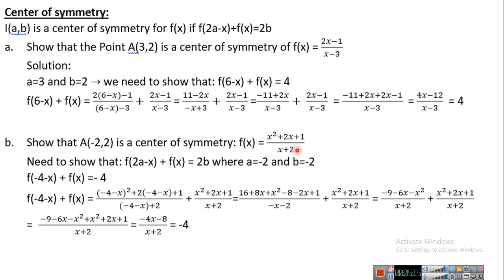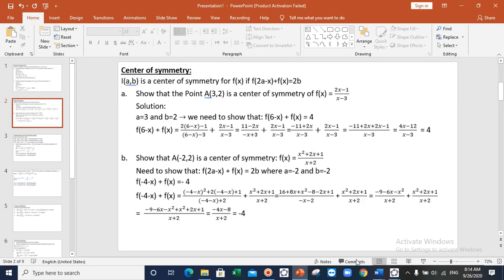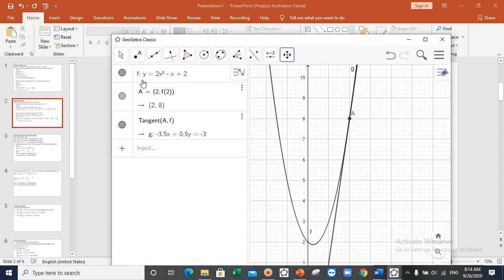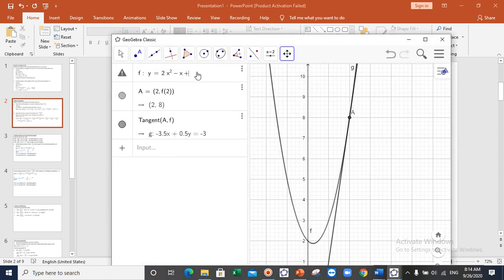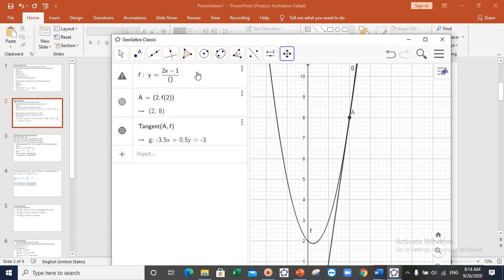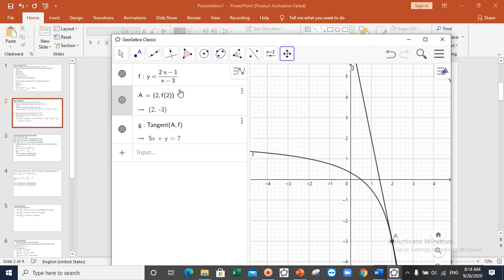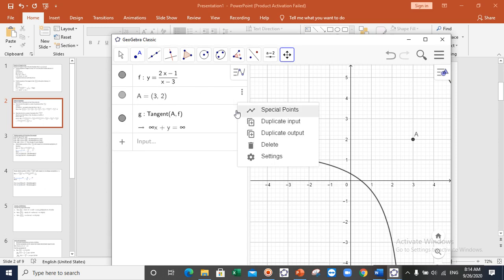Let us go to GeoGebra to show you what it means. Suppose you have f of x equal to x minus 1 divided by x minus 3, and you pick the point 3, 2.